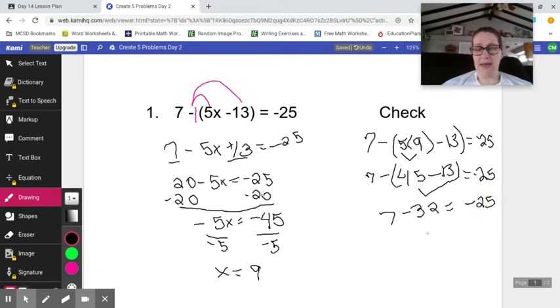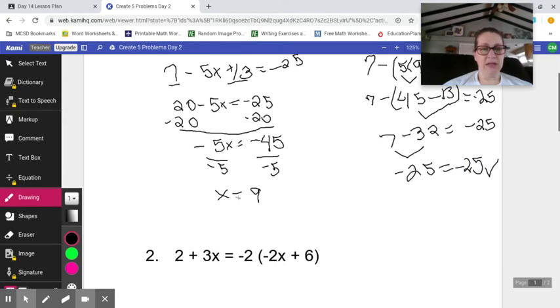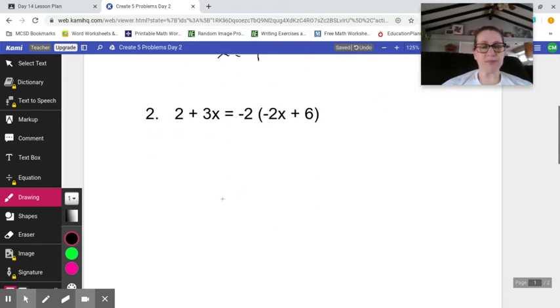Okay. And 7 minus 32 is negative 25. So negative 25 equals negative 25. So it checks. Okay. Let's look at problem number 2.